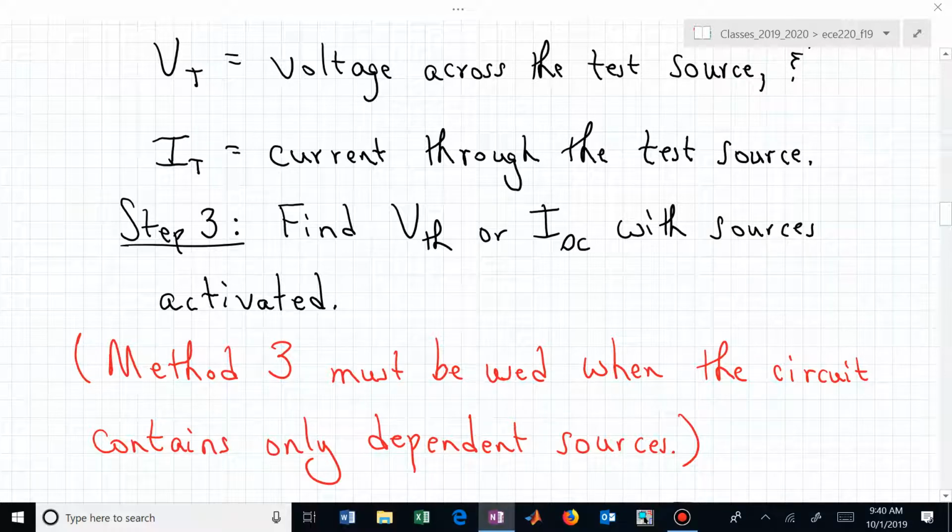So if you say, I don't know which one to use, use this one. It's a little bit more involved maybe, and sometimes you feel a little uncomfortable doing it, but method 3 always works no matter what kind of circuit you're trying to apply it to, and you have to use this when you only have dependent sources in your circuit.